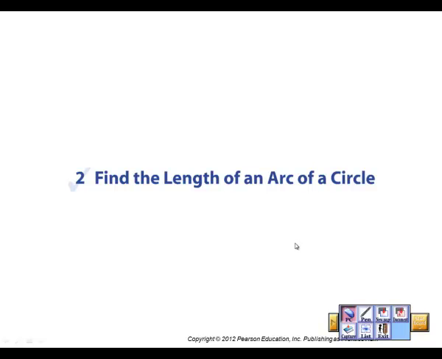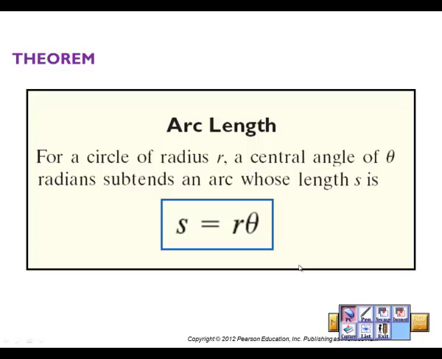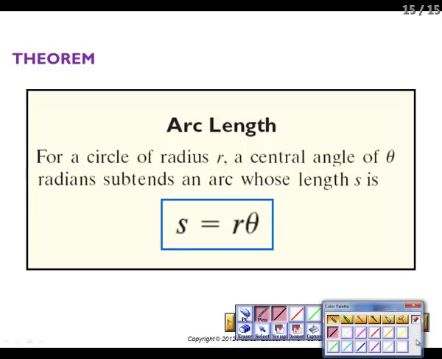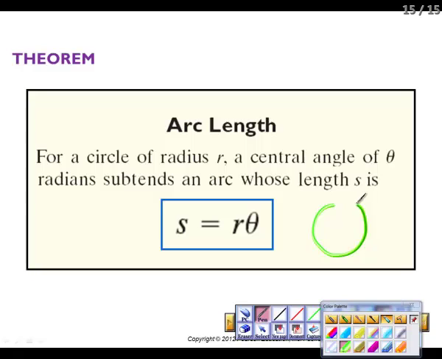Okay, the length of an arc on the unit circle. Here, if you're looking at the unit circle, let's say that we have this circle here, and we want to examine the arc that is within that circle.